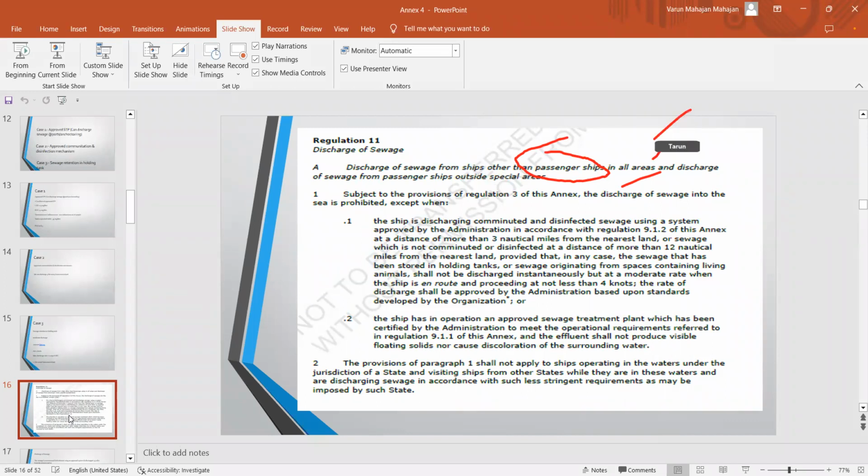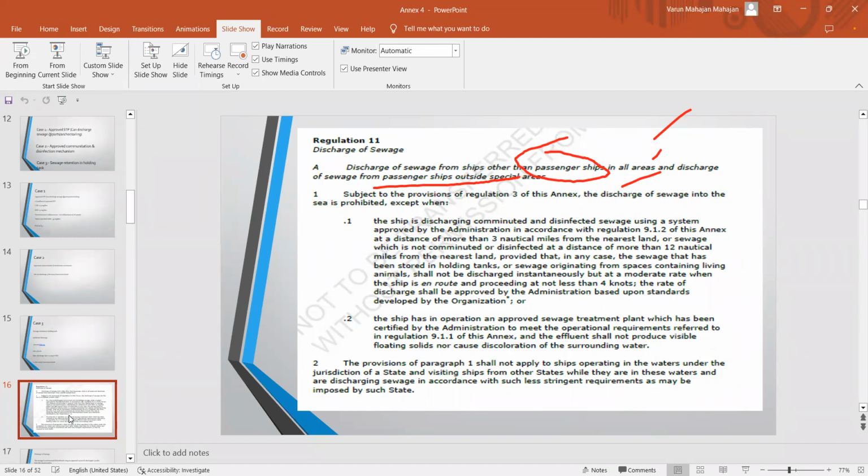So what does it mean? A cargo ship can discharge in all areas, and the discharge of sewage from the passenger ship outside special area. So after reading the first line, what do we get to know? That there is a special area only for passenger ships.